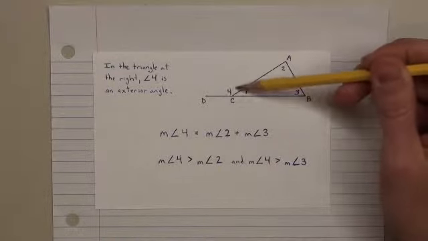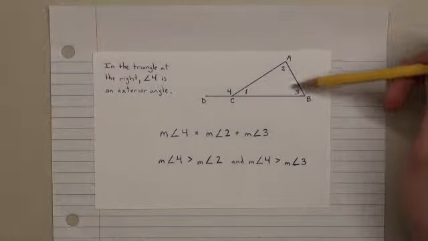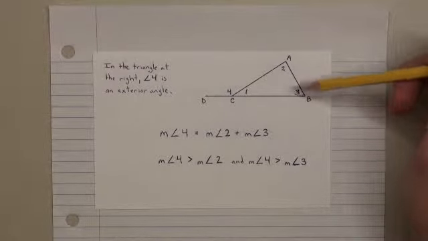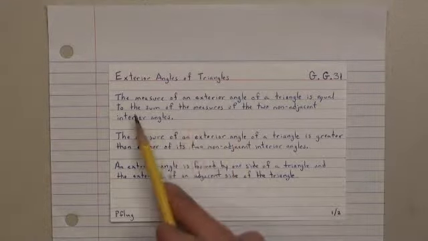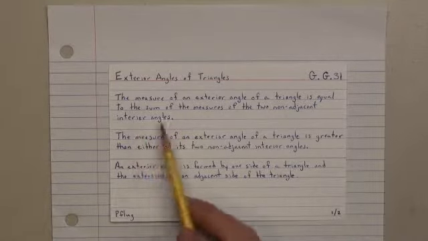So the exterior angle, angle 4, is equal to angle 2 plus angle 3 on the inside of the triangle. When you see the words non-adjacent here, it's equal to the sum of the measures of the two non-adjacent interior angles.